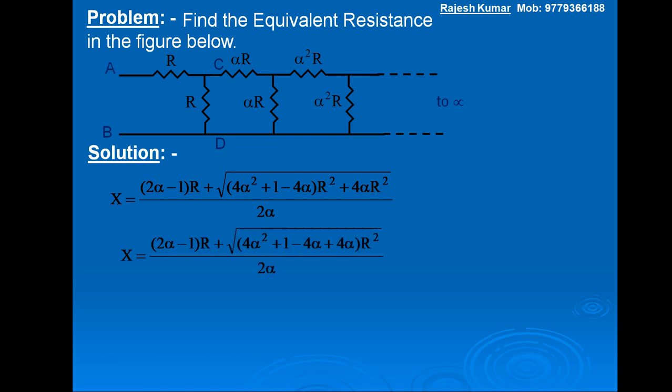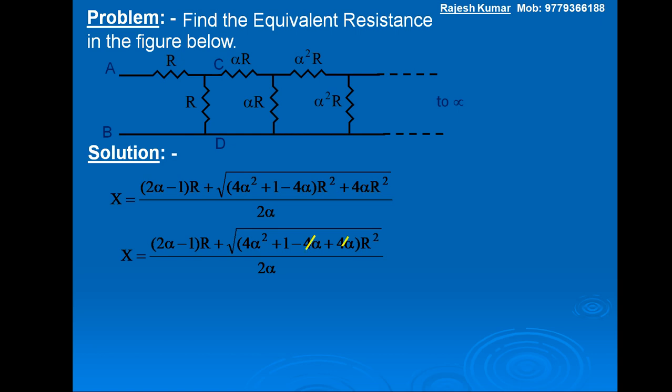or capital X is equal to 2 alpha minus 1 within the bracket into R plus square root of 4 alpha square plus 1 minus 4 alpha plus 4 alpha within the bracket into r square, that is taking common r square whole upon 2 alpha.